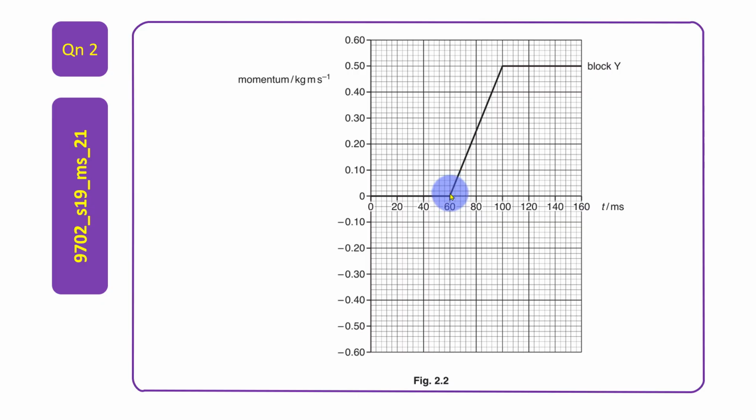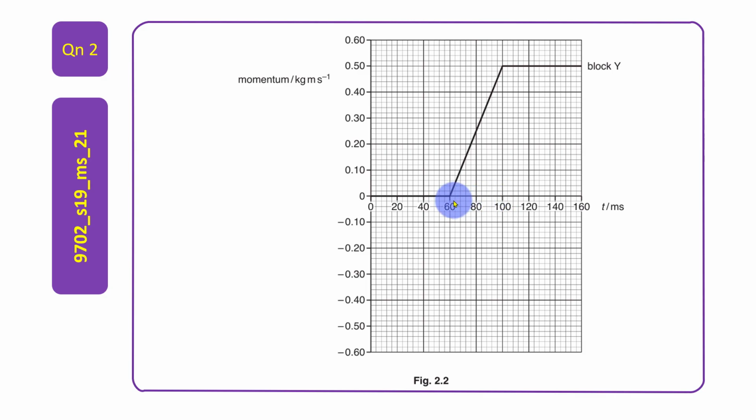Y starts to move in the same direction, that is to the right. And this is how the momentum of Y increases with time, in this duration of time.